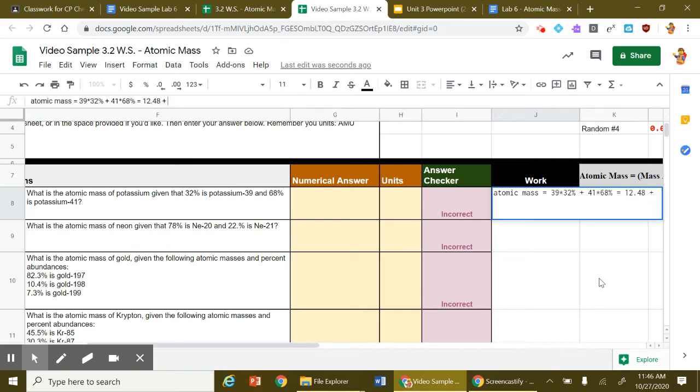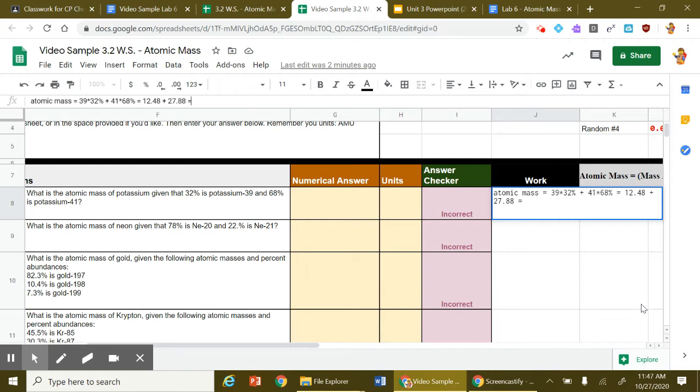12.48 plus 41 times 68%, which is 27.88. What does that equal? Now remember, this answer, because it's an average, should be somewhere between the low and the high number.